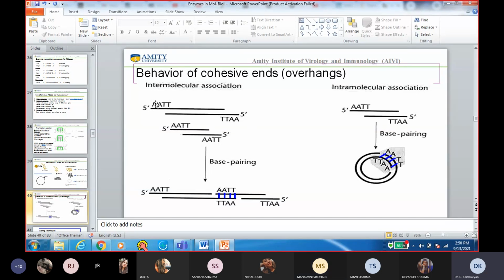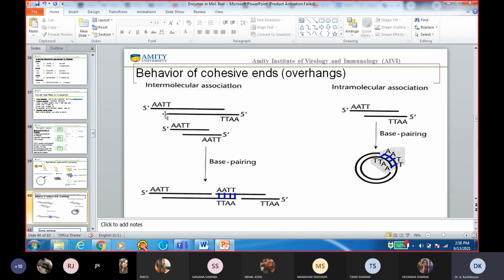So what you see here is a termini in which you have, at the 5 prime, overhangs that are single-stranded, right? When you incubate this at 4 degrees centigrade, this is perfectly fine.